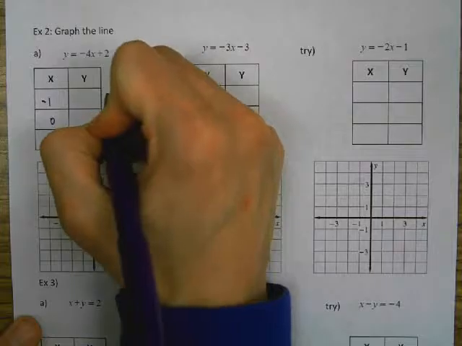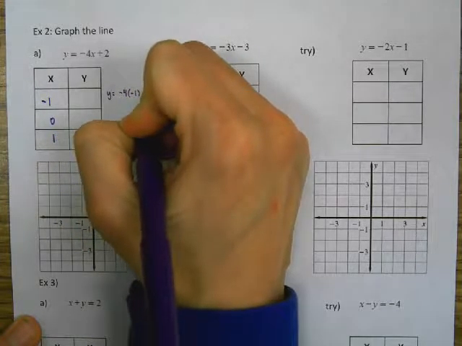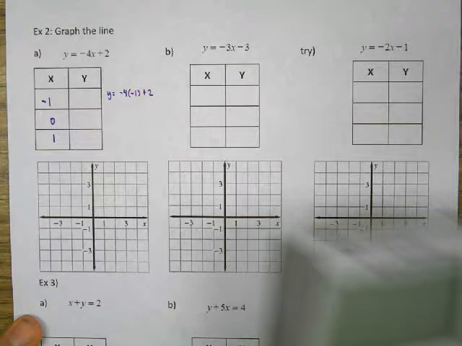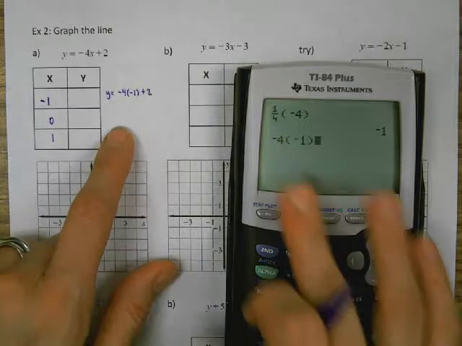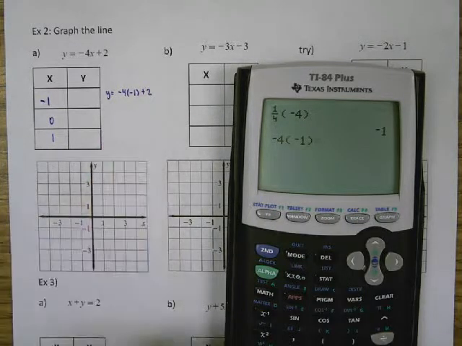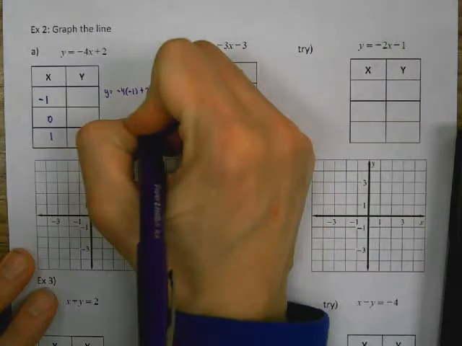So to get my y, I have y equals -4 times the -1 plus 2. Please be sure to be very careful of those signs. So I have a -4 times the -1 plus 2. That's going to give me a +6.